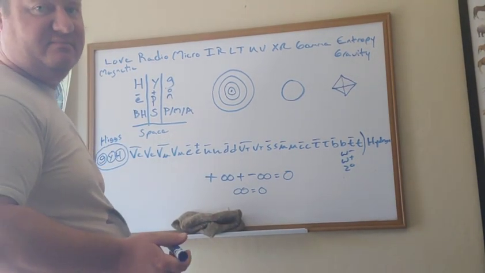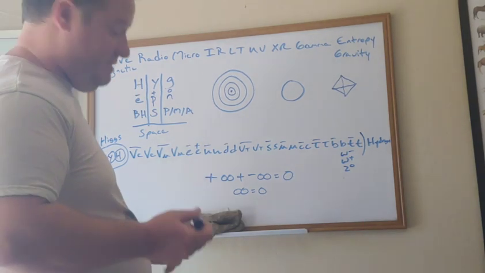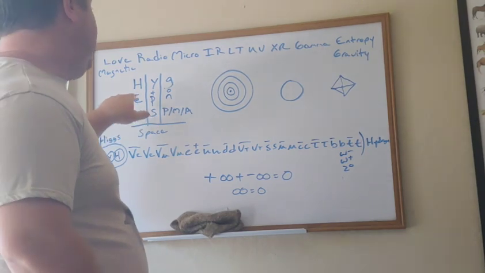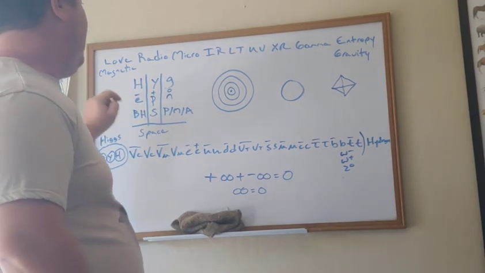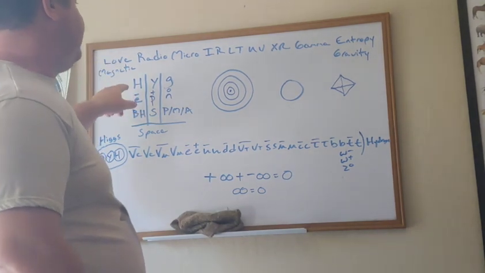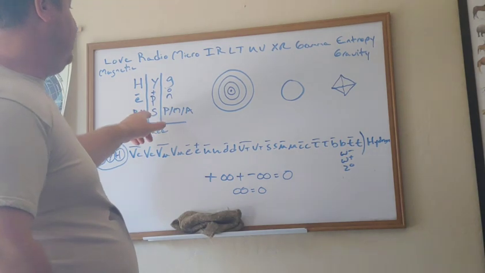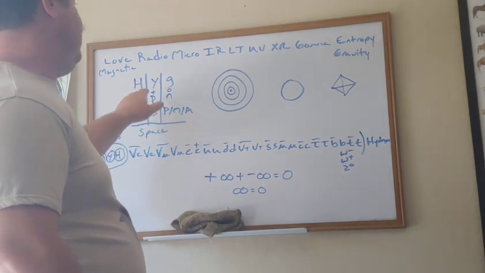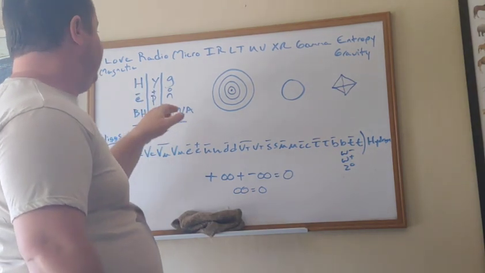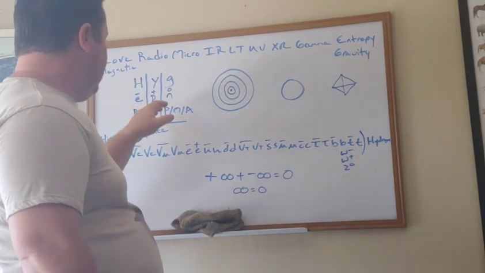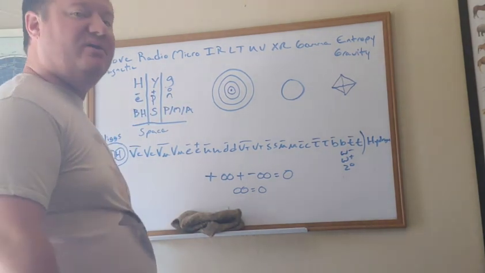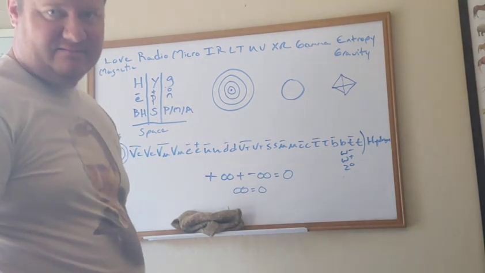Okay? But they're all the same thing. All electrons is conglomerations of Higgs bosons. All black holes are conglomerations of electrons, which are conglomerations of Higgs bosons. All stars is conglomerations of protons, which are conglomerations of photons. Okay? All planets, moons, and asteroids are conglomerations of neutrons, which are conglomerations of gluons. Okay? They're all the same thing.